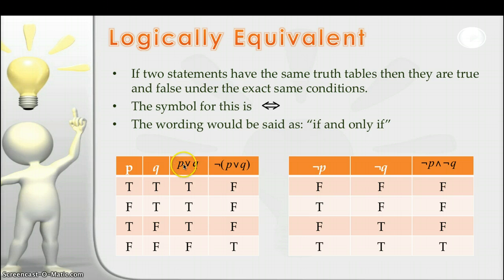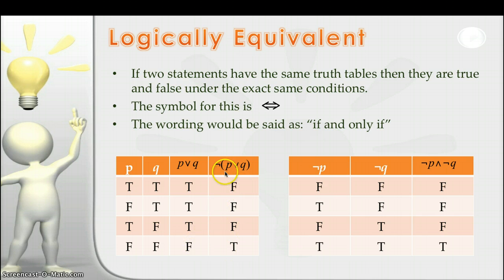If we use inclusive OR, it will only become false when you have a false and false statement. So you have true, true, true, and then false.